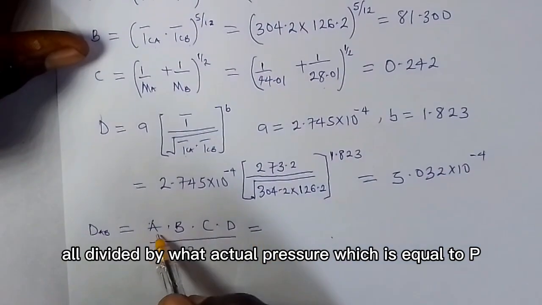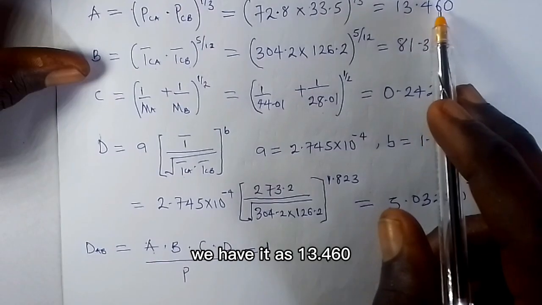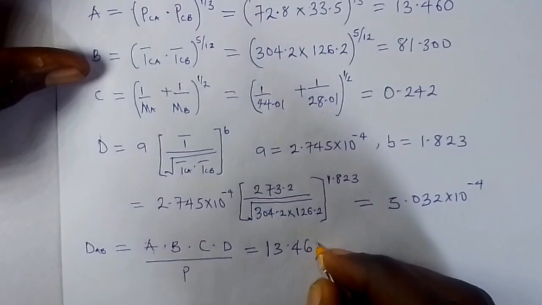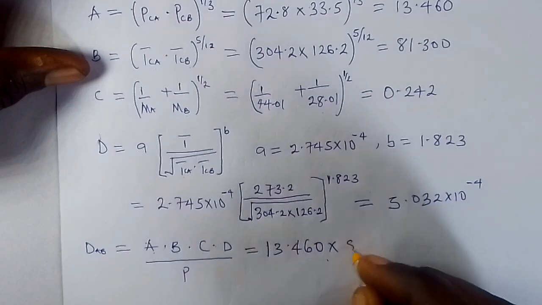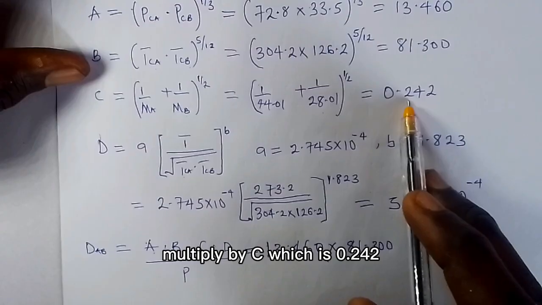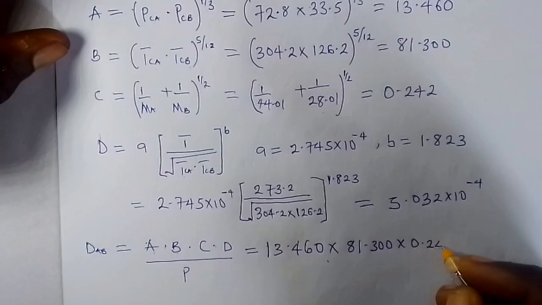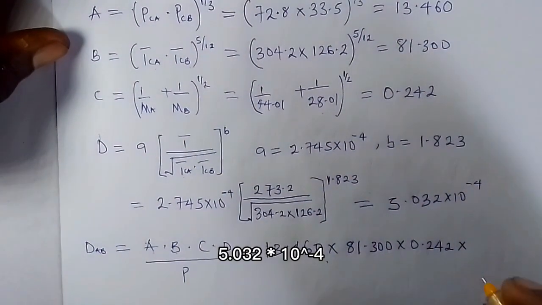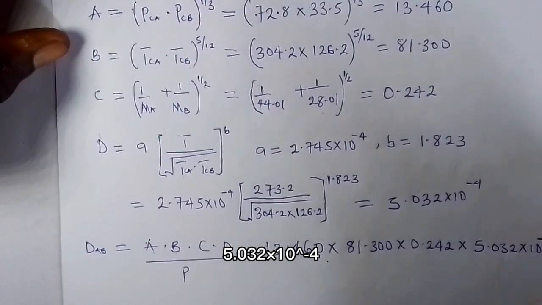A is 13.460, multiplied by B, which is 81.300, multiplied by C, which is 0.242, multiplied by D, which is 5.032 times 10 to the power of minus 4.